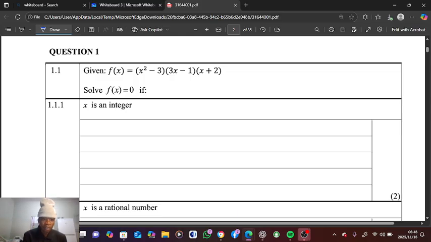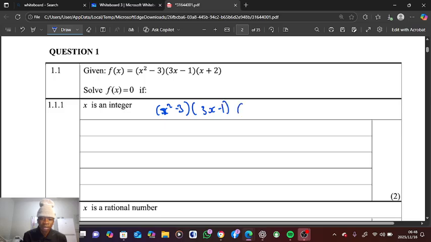They say f at x is equal to 0, meaning we have to equate our function to 0. We'll have x squared minus 3, times 3x minus 1, times x plus 2 equal to 0. We know that if we have 2 brackets or more multiplying each other equated to 0, we can simply say each bracket is equal to 0.